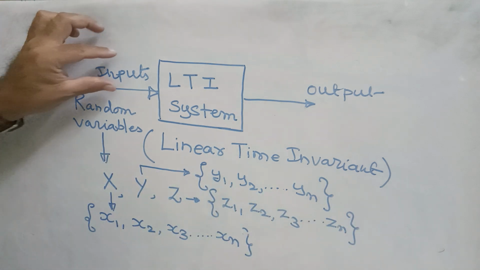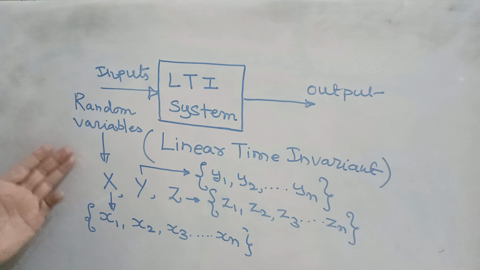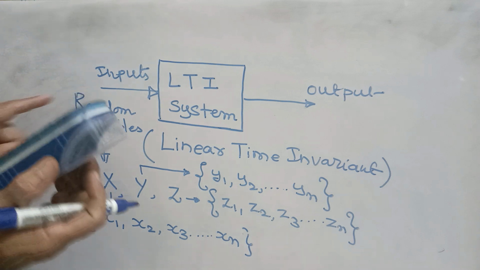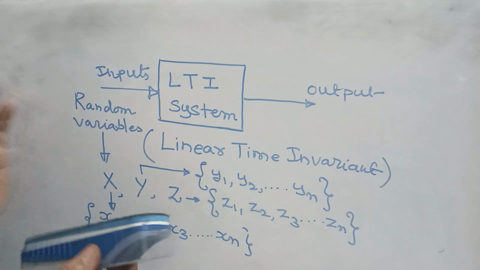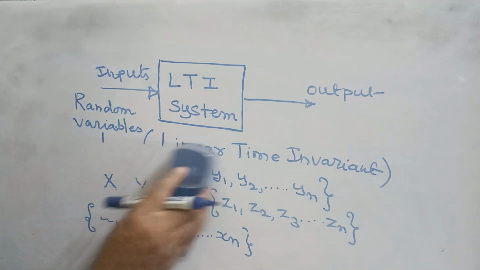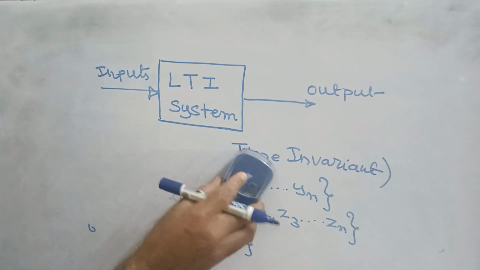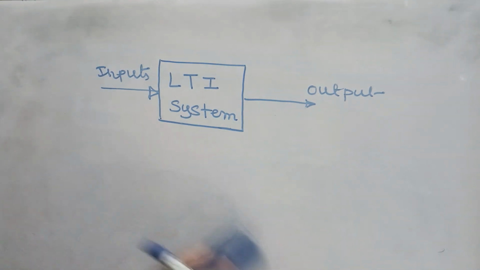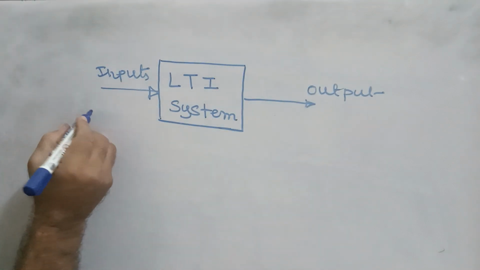So here my inputs are random variables. For a simple example to understand this concept, I am considering the random variable X alone. First, to understand the concept, then we will expand it to multiple random variables, right?